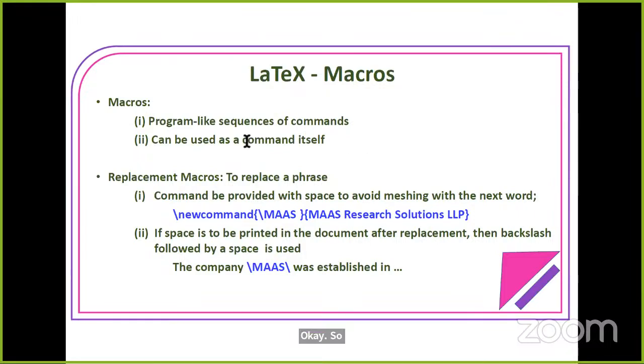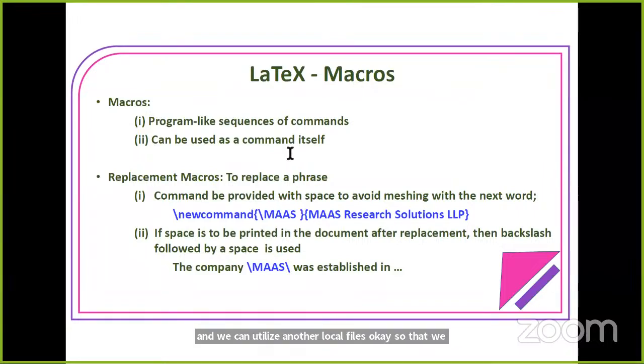Macros are general definitions, like a program or sequence of commands. If you want to repeat some commands again and again in your document, you can define functions locally which will be called and utilized in your local files. That we call a macro, and it can be used as a command too.